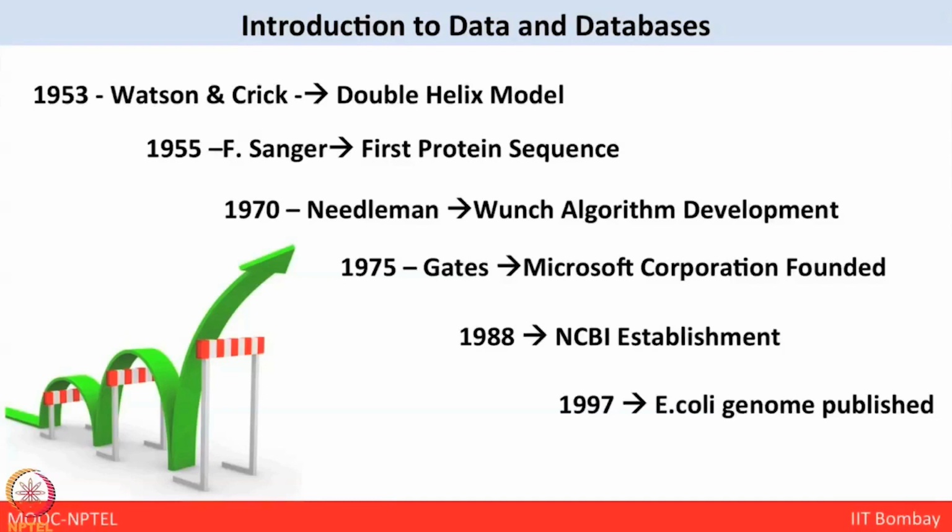After that, in 1955, the sequence of the first protein was analyzed, which was bovine insulin, followed in 1970 by the first algorithm, the Needleman-Wunsch algorithm, which came into play. In 1975, a major breakthrough happened when Microsoft Corporation was founded by Bill Gates and Allen. Further, in 1988, the National Center for Biotechnology Information, the NCBI, which we are all familiar with, was established.